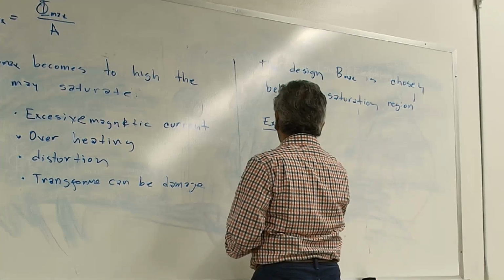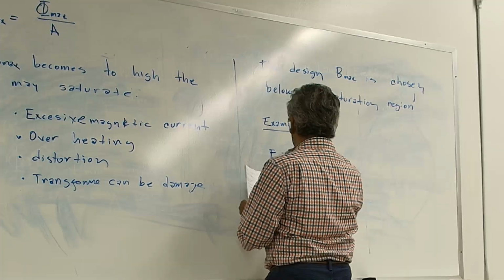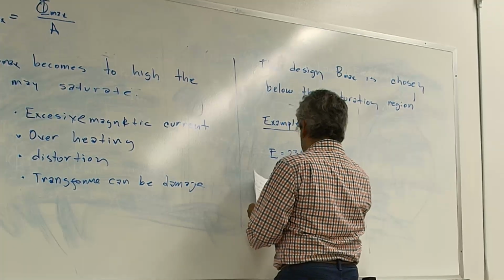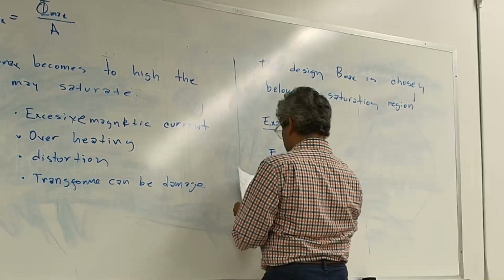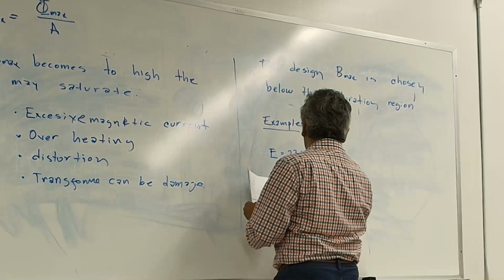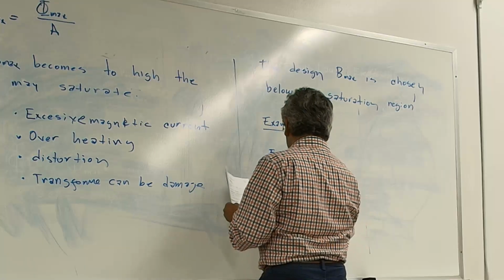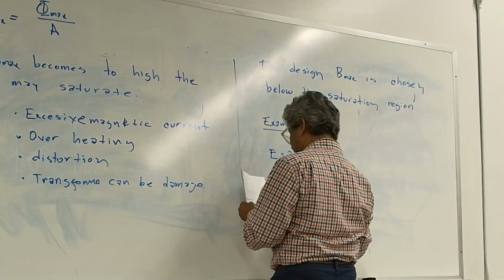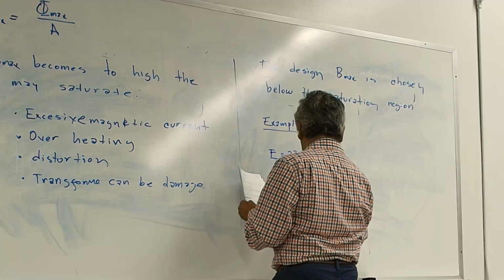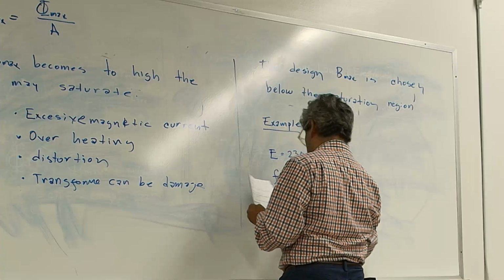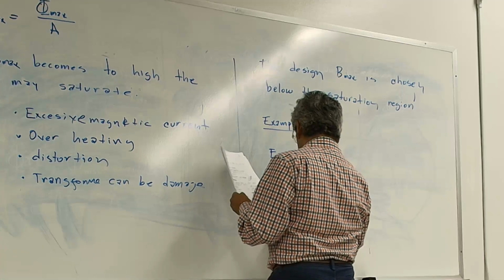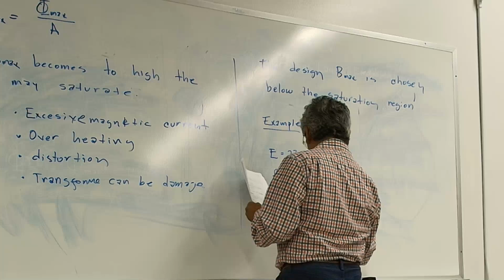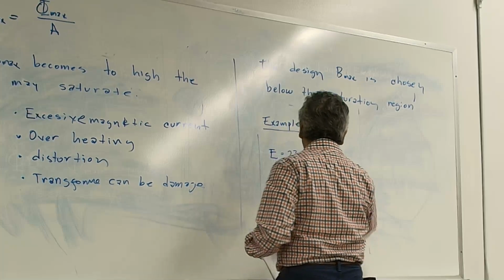If we have a transformer where I need the voltage to be 230 volts, with the frequency being designed for 60 hertz, and the Bmax that the core I'm designing can handle is 1.2 Teslas and no more, and the cross-sectional area of the core is 0.01 meter squared, these are my requirements.